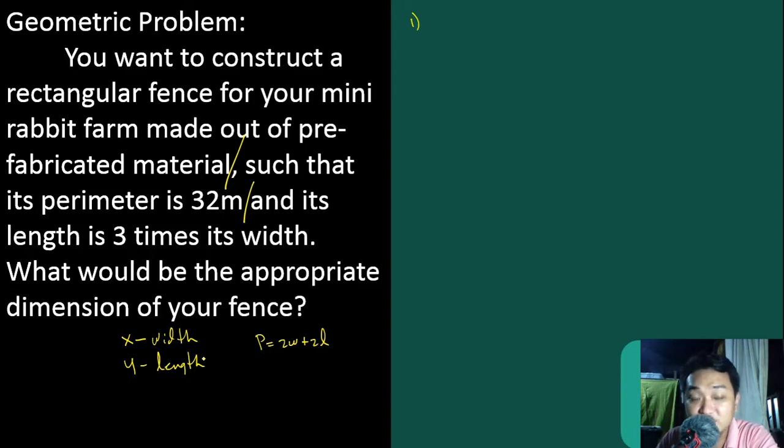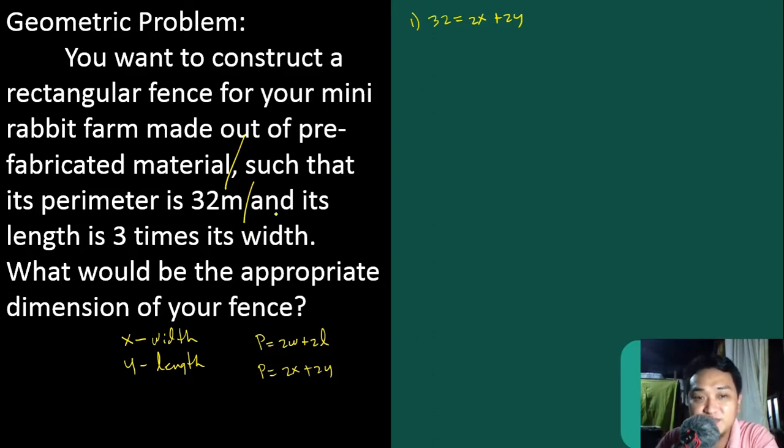Since it is expressed as x and y, so that is also the same as p is equivalent to 2 width or 2x plus 2 length or 2y. At yung perimeter niya is 32. So this 32 is equivalent to 2x plus 2y. There you go. That is our first linear equation.